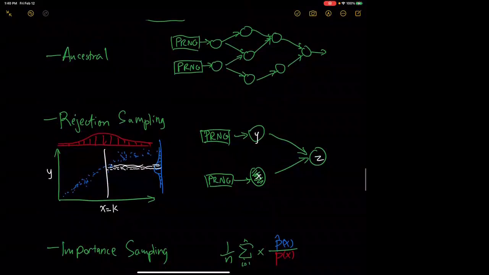Someone has given us this directed model. It could come from anywhere, but you'd like to be able to sample from this using this ordering. So you have a partial ordering over this graph, and this is basically just simulating the system.